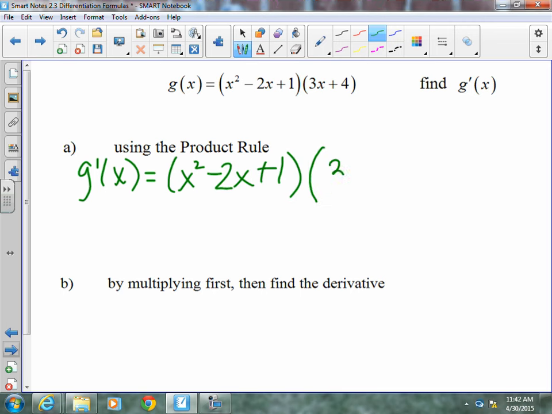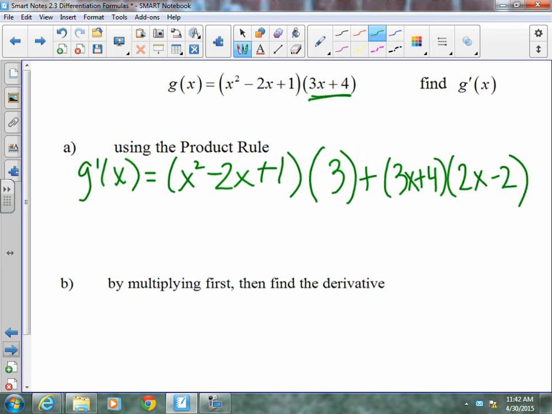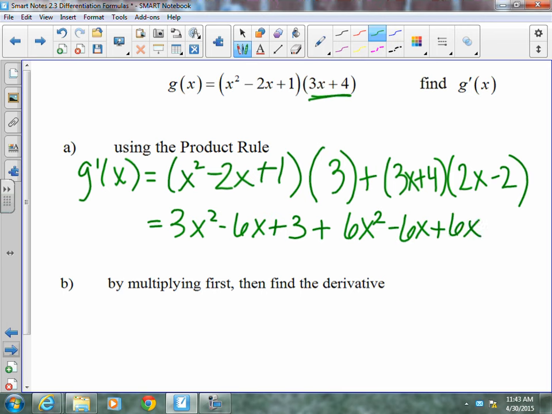The derivative of the second, which is just 3. Again, that's a line, so you can think of it as what's the slope of this line, plus the second times the derivative of the first. If we simplify a little bit, 3x squared minus 6x plus 3 plus 6x squared minus 6x plus 6x plus 8x minus 8.